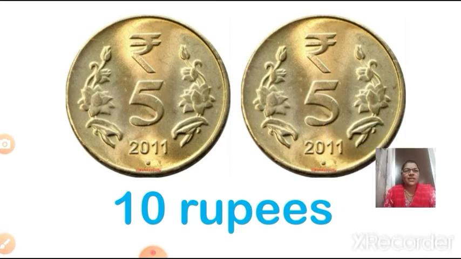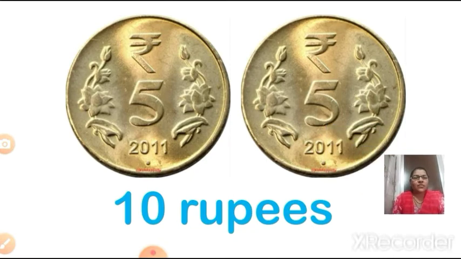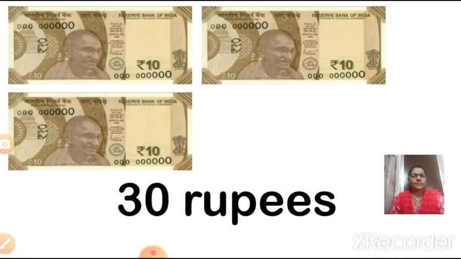Now here just see how many coins of 5 rupees we have? 2 coins. So here again, if you add 5 plus 5 it is equal to 10 rupees. So now we have a total of 10 rupees. Now children, look here. 10 rupees, 10 rupees and one more 10 rupees. How many notes of rupees 10 can we see here?